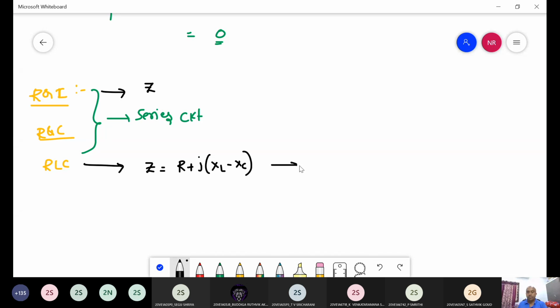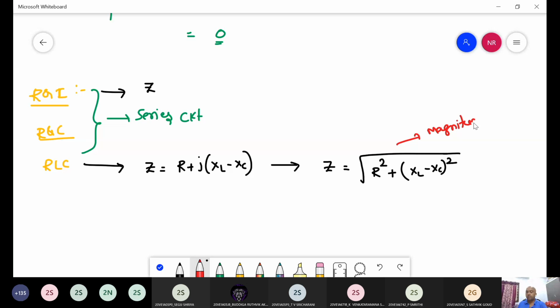If you want the magnitude, Z is equal to the square root of R squared plus (XL minus XC) whole squared, right? So here we get the magnitude. And this is the j form, j notation. Is it polar or rectangular? Rectangular. It is rectangular.